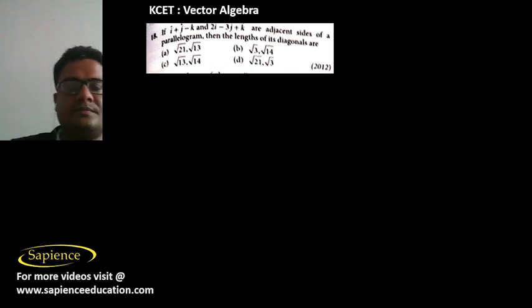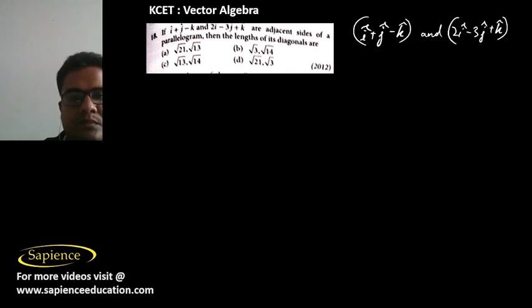The 18th one is, if i cap plus j cap minus k cap and 2i cap minus 3j cap plus k cap are the adjacent sides of a parallelogram, then the lengths of its diagonals are.